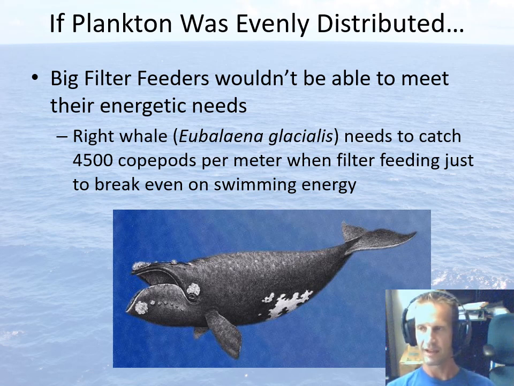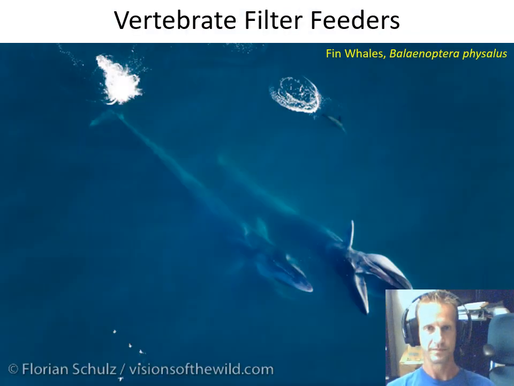It's important for them that they can find these clumps of dense plankton, because if the plankton were just evenly spread, then the whales wouldn't be able to get enough, no matter how long they swam, to meet their energetic needs, and they would eventually starve. So it's the fact that they're able to zero in on unusually dense concentrations of planktonic prey that allows these great whales to meet their energetic needs and basically take in more calories than they expend in swimming. So thank goodness for the clumpiness of plankton. It's what allows us to have whales.